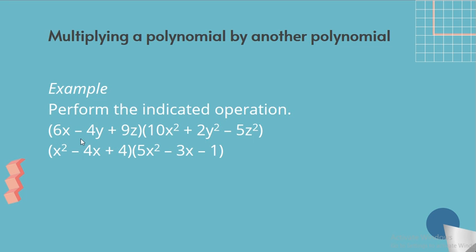First we have 6x minus 4y plus 9z multiplied by the quantity 10x squared plus 2y squared minus 5z squared. Again, it is just the same. We will use the distributive property. Let's go to the board.